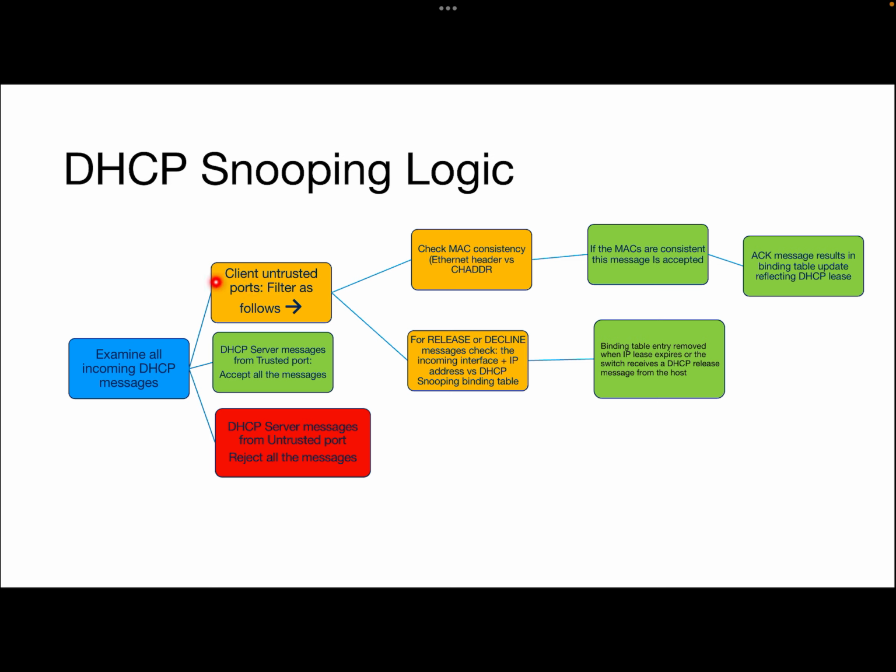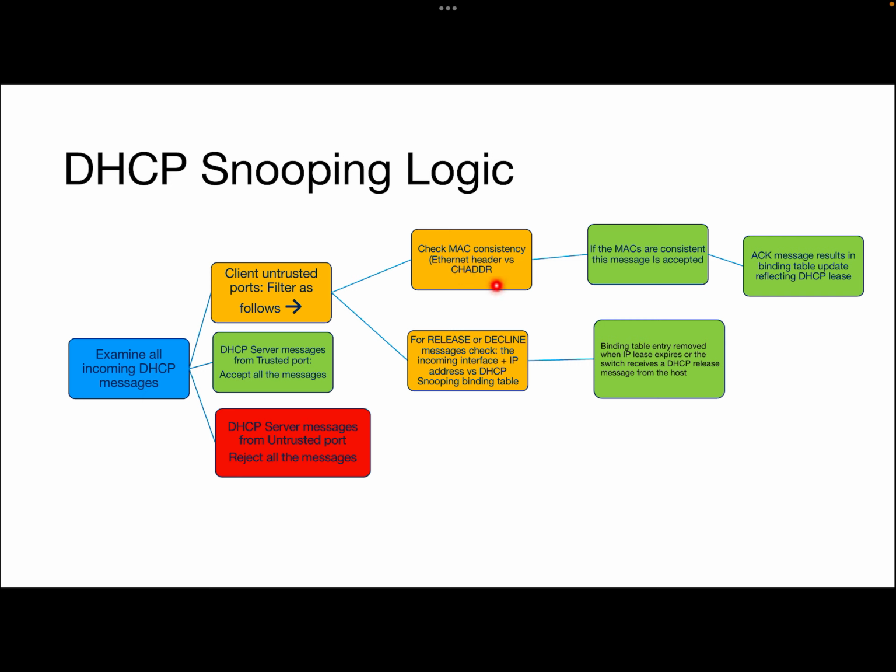So you can have client messages from untrusted ports, DHCP server messages from trusted ports, or DHCP server messages from untrusted ports. For client untrusted ports, these are the checks that are done. Firstly, we need to check the MAC address consistency between the Ethernet header and the client hardware address.